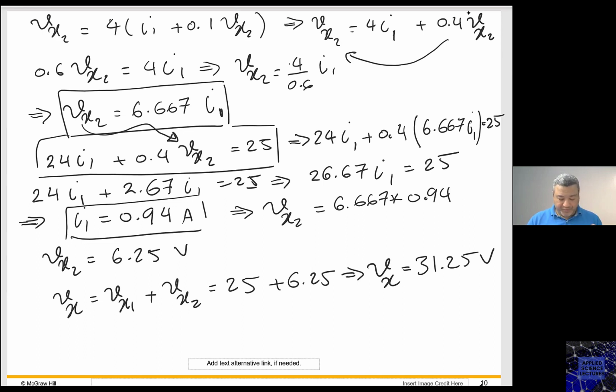So this example is a very important example, covering all that we have learned so far. If you don't have any further questions, we can move on to the next part of the lecture.